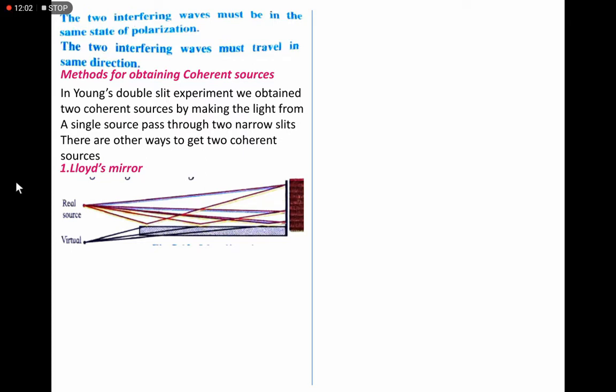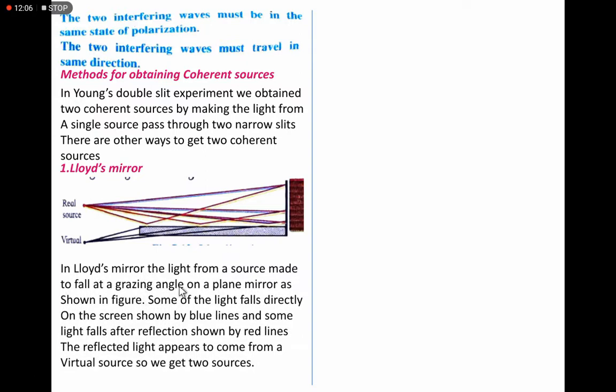In Lloyd's mirror, the light from the source is made to fall at a particular angle, a grazing angle, on a plane mirror. These light rays are shown with blue lines in the diagram.